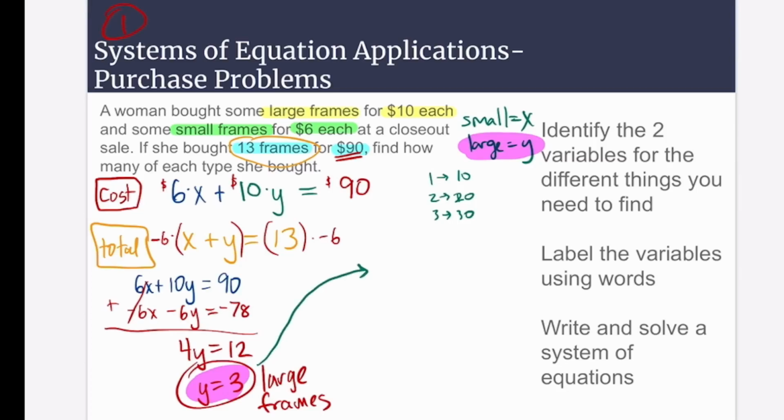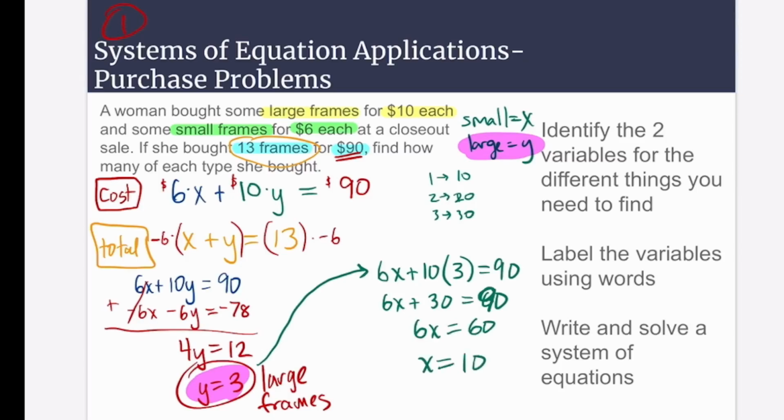So we could plug it into either one. I'm going to plug it into the first one. 6x plus 10 times y, which now I know is 3, equals 90. 6x plus 30 equals 90. Minus the 30.